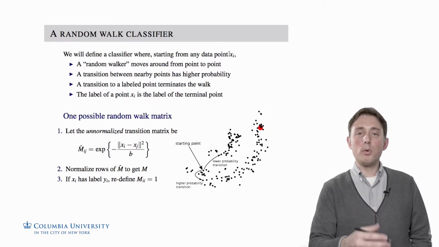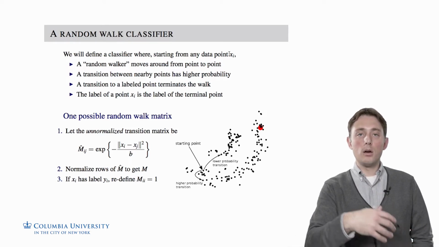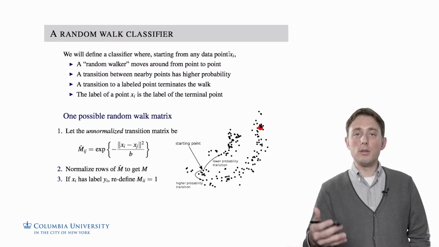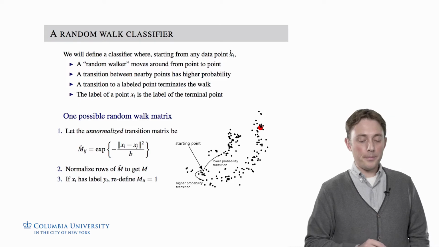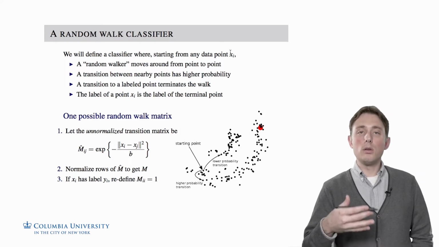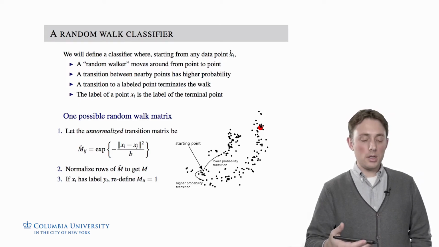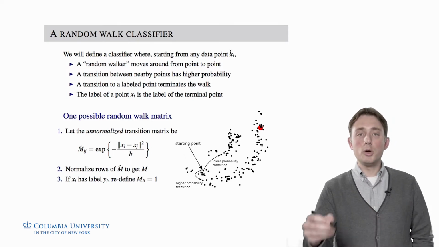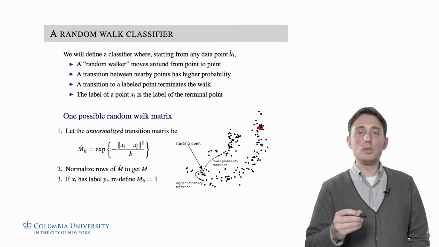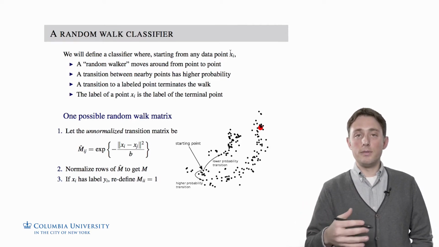It moves from any point to any other data point according to a random walk that we have to define, but we start at the point xi that we want to label. We want to make the transition probabilities such that the probability of transitioning from any point to a nearby point is high, and the probability of transitioning from any point to a point that's far away is very low.